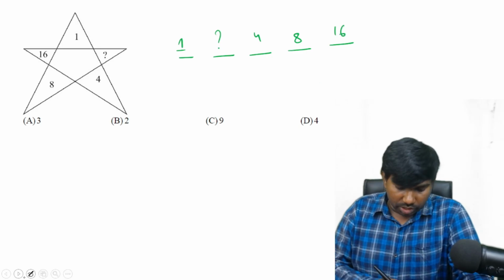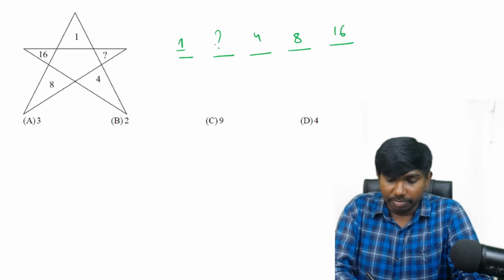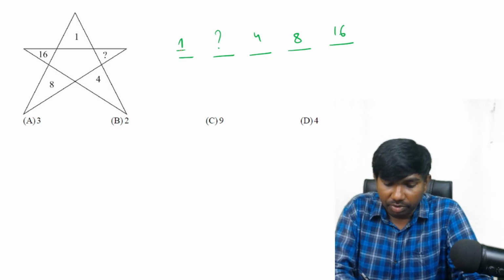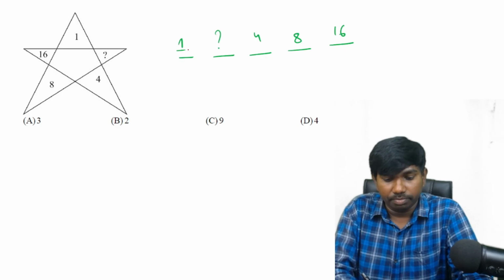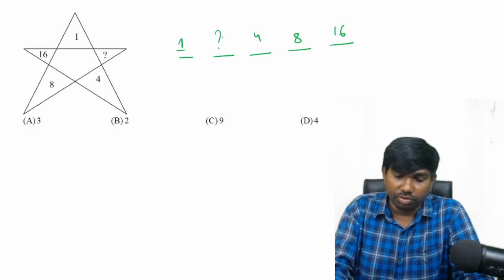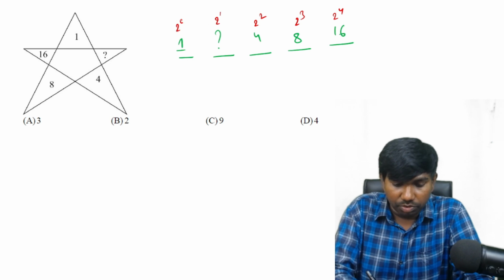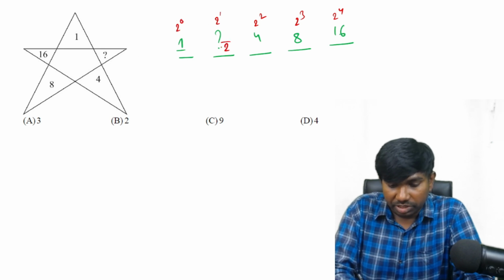Yes. So observe all these numbers, and these numbers are consecutive powers of 2. So tell me, what is each consecutive power of 2? Yes, 2 power 4, 2 power 3, 2 power 2, 2 power 1, and 2 power 0. So 2 power 1, nothing but 2 is the answer.